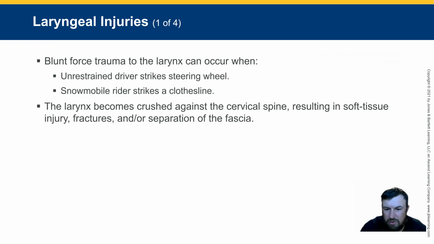The larynx becomes crushed against the cervical spine, resulting in soft tissue injury, fractures, and or separation of the trachea. These strangulation injuries can also be found in intentional or unintentional hangings. Anytime there's suspected injury to the larynx, suspect possible cervical spine injury.